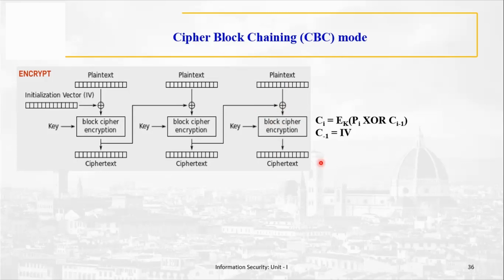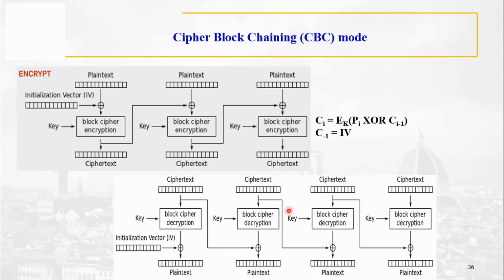Okay. So this is more secure when we consider encryption and decryption. At the time of decryption, whatever ciphertext you put into the decryption, to produce the plain text, you use the same initialization vector as an XOR operation after the decryption.